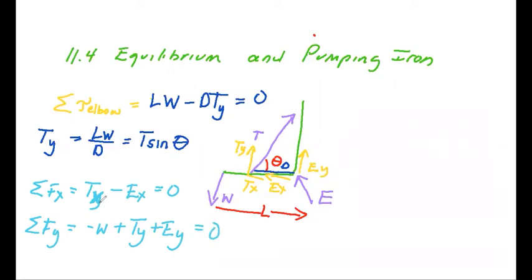All right, and for T sub Y, we're going to substitute that L W. Oh, no, we're not. What are we going to do? Hang on, let me pause it and make sure. All right, I was solving the sum of the forces for E sub X, so I have T sub X equals E sub X. And for T sub X, we're going to use this value for T. I think I'm messing up here.